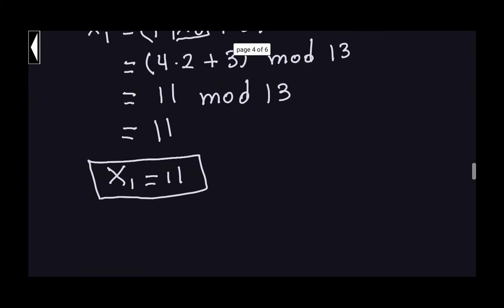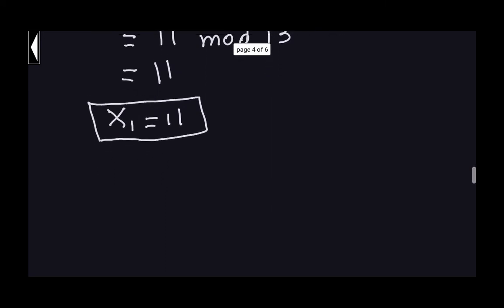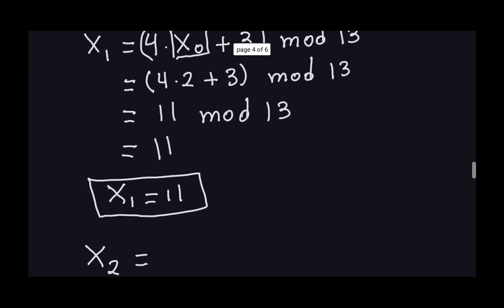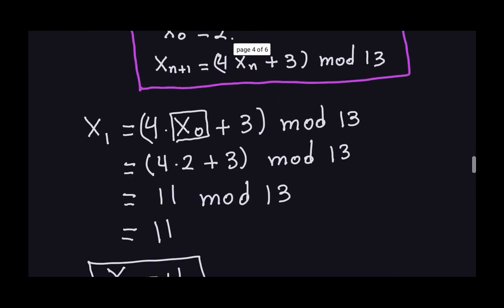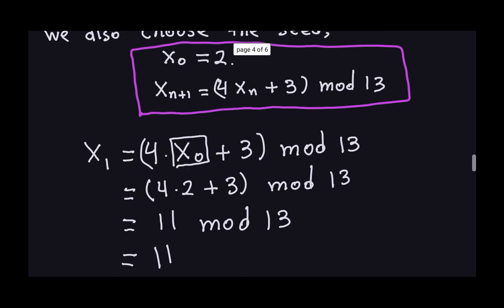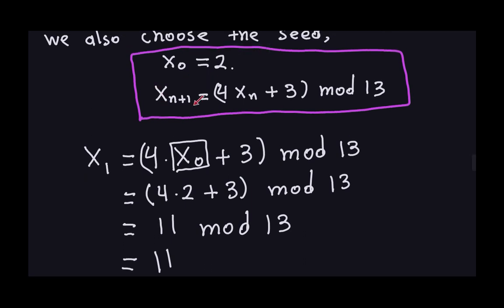Now, the next number in that sequence will be x2. So what is x2 here? To compute x2, I have to go back and look at what the formula says. I'm going to scroll up here. This right here is my formula. x2 is going to be 4 times the previous one, which is x1, plus 3, mod 13.